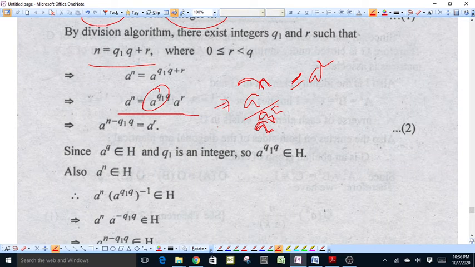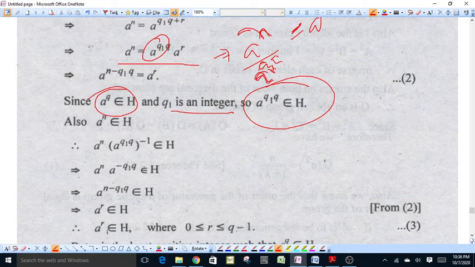Taking a raised to power q1 q to the left hand side, this becomes a raised to power n minus q1 q equal to a raised to power r, because a raised to power q belongs to H and q1 is an integer, so a raised to power q1 q also belongs to H.